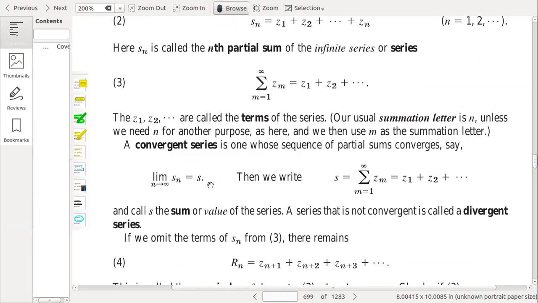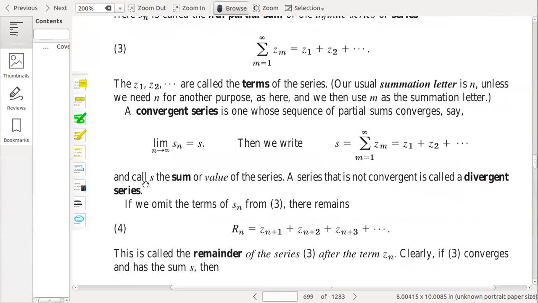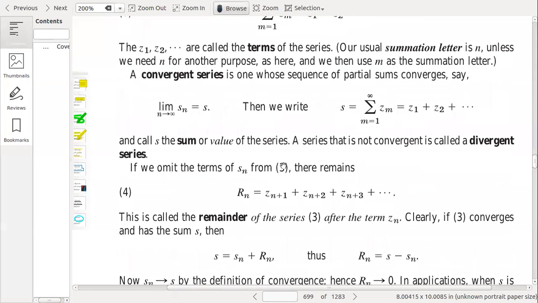Say limit n approaches infinity, Sn is equal to S. Then we write S is equal to the summation from m equal to 1 to infinity of Zm, which is Z1 plus Z2 plus so on, and call S the sum or value of the series. A series that is not convergent is called a divergent series.